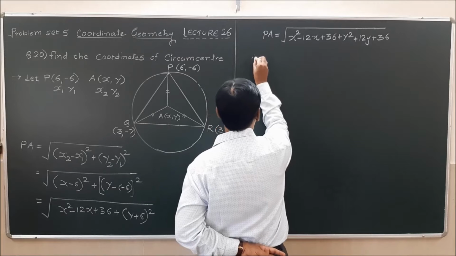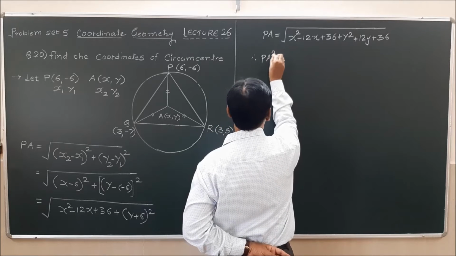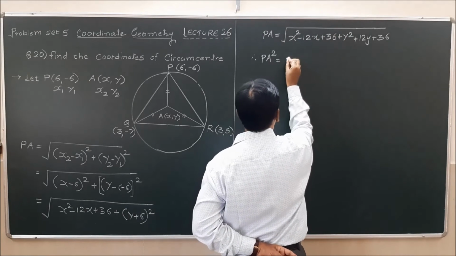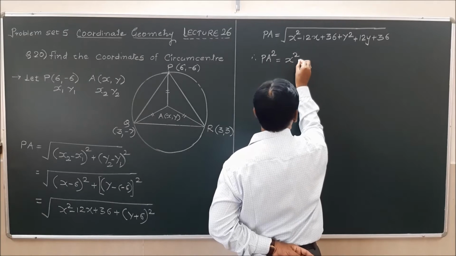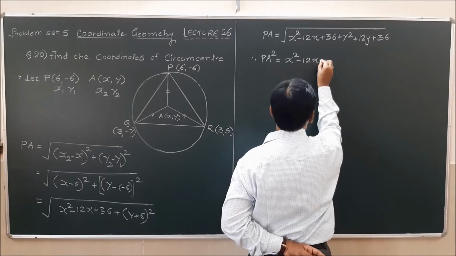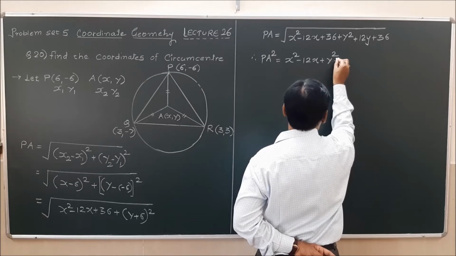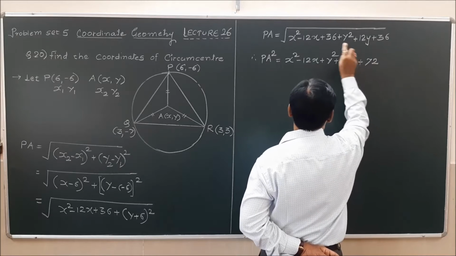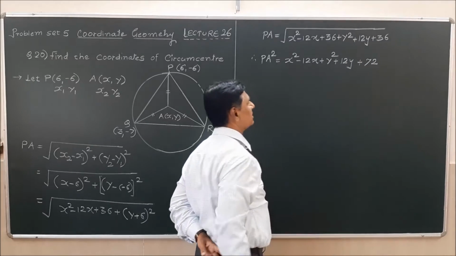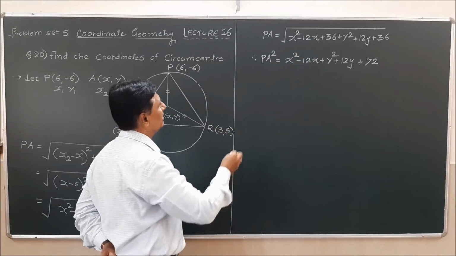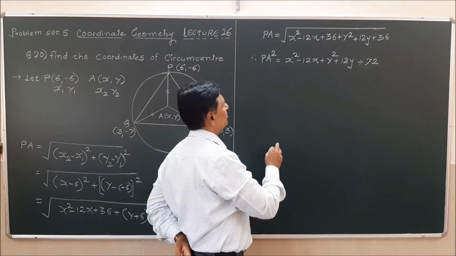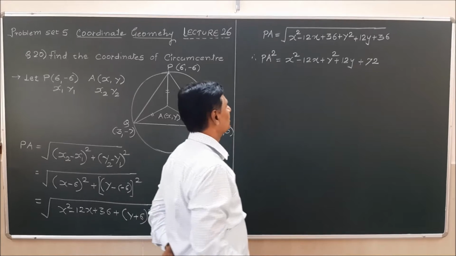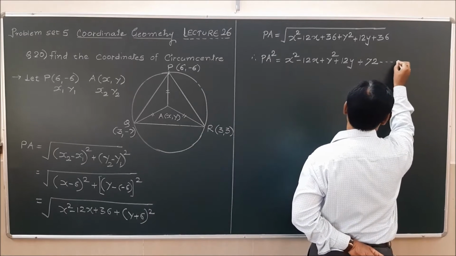So therefore, squaring both sides, the root sign will be off now. PA square is x square minus 12x plus y square plus 12y plus 72, as 36 plus 36 gives us 72. So this is our equation number 1.